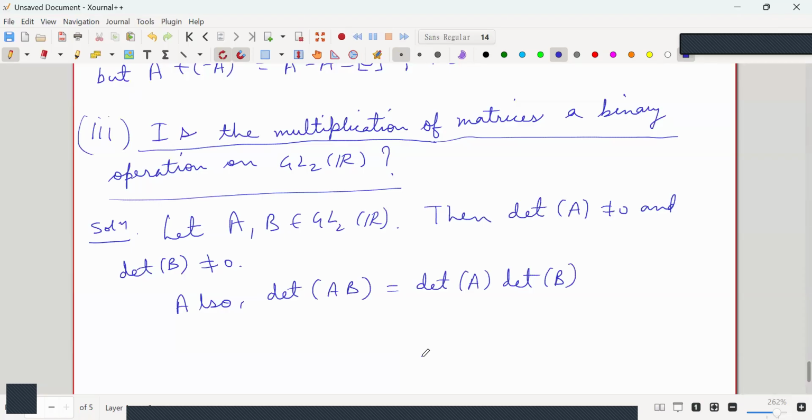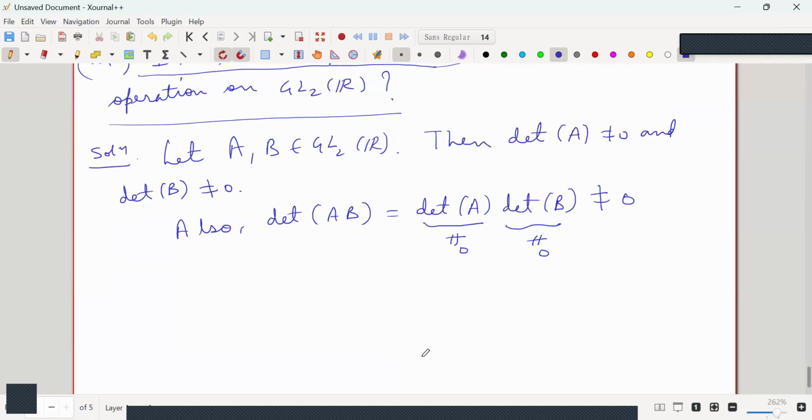So this is non-zero, this is non-zero, so this implies that this is also non-zero. And we know that a matrix is invertible if and only if the determinant is non-zero. So this implies AB belongs to GL2R. Okay, so it's closed under the matrix multiplication, or matrix multiplication is a binary operation on GL2R.